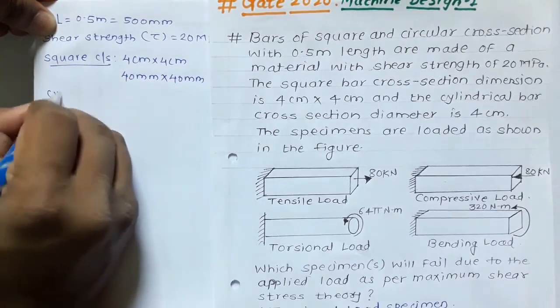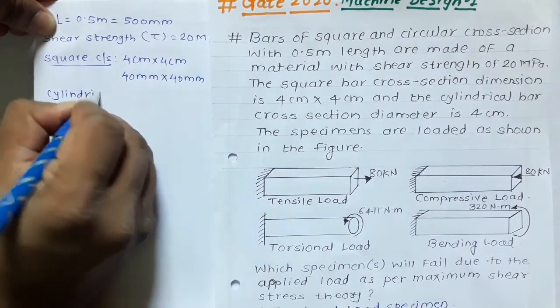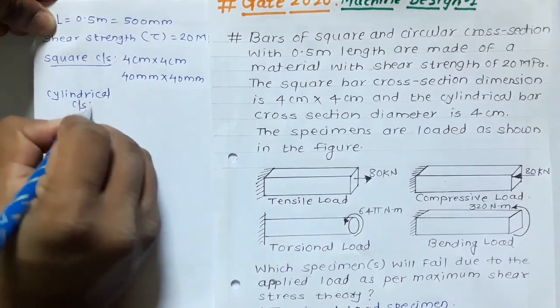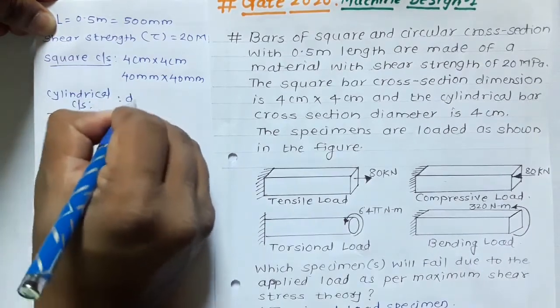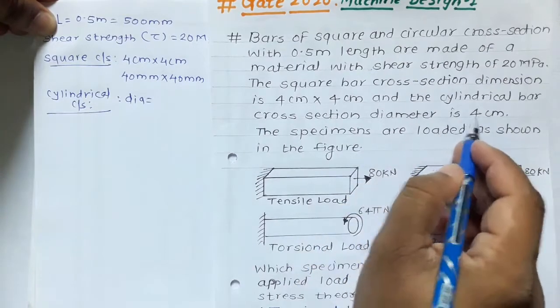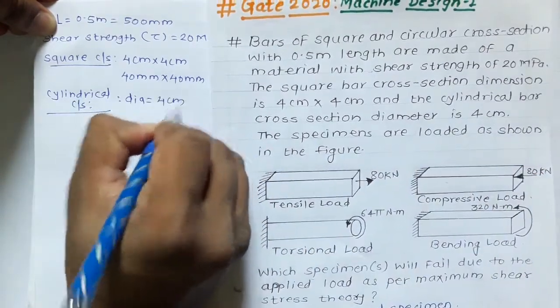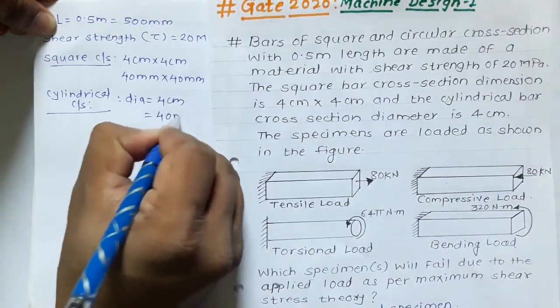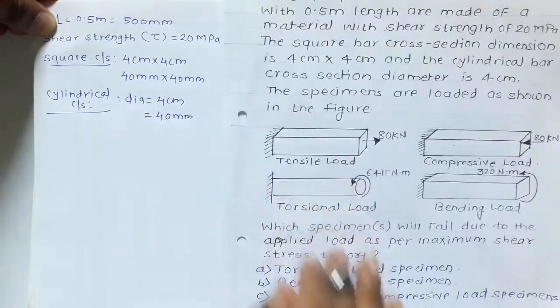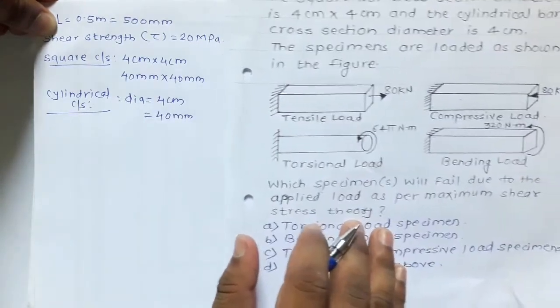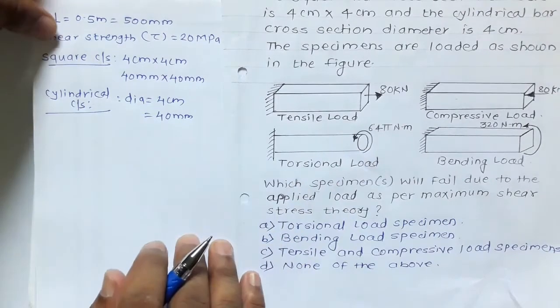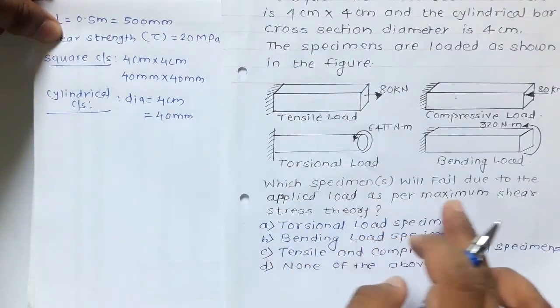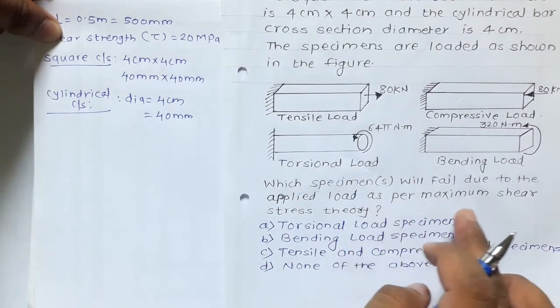And for cylindrical cross section specimen, the diameter is 4 cm, and in mm we can write 40 mm. Then the loading is given for these specimens, its magnitude is given, and we have to find out which specimen will fail as per maximum shear stress theory.